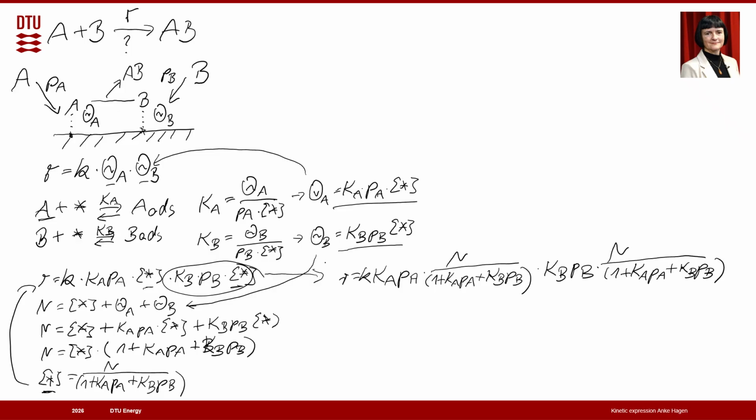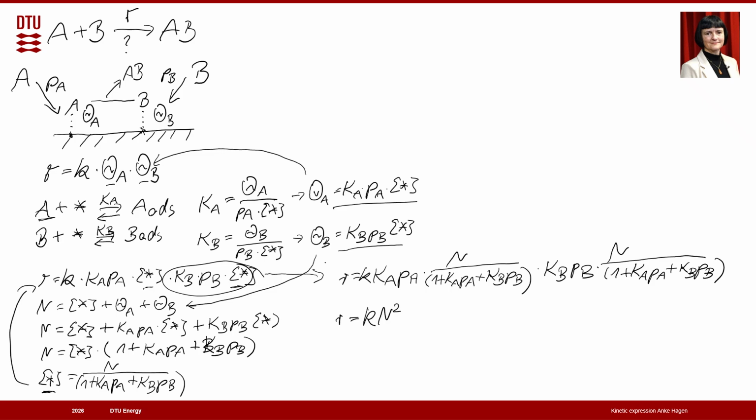Now we are rearranging this equation to make it a bit simpler. So we can write in the numerator the reaction rate constant k, and we have 2 times the total number of catalyst sites, so that means squared.